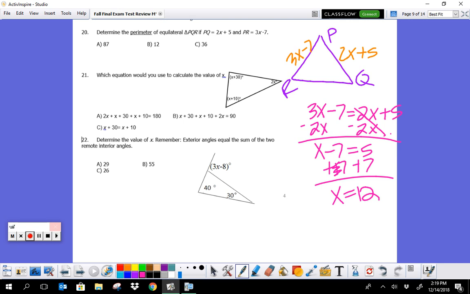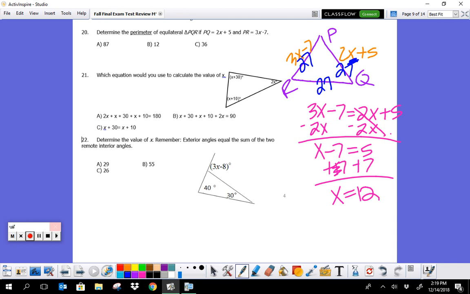Now it does ask you to find the perimeter, but since this is equilateral, I know that all sides are the same. But I do need to plug that 12 in. So let's say I plug it in right here for this x. 2 times 12 is 24, plus 5 is 27. That means all of my sides are going to be 27.